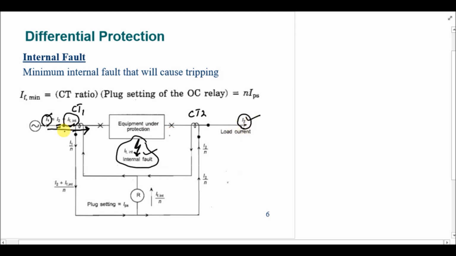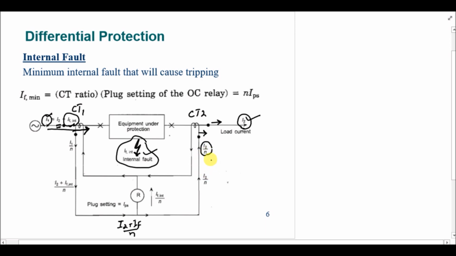Therefore the current that is flowing through CT1 is actually I1 by N. In the secondary of the CT1 the current is I1 by N, which is I2 plus IF over N, and at this point the current is I2 plus IF over N. And we know that as the current leaving this dot is I2, so the current that should be entering this dot is I2 by N. This is the secondary of the CT, so we have to divide I2 by the turn ratio of the CT2.